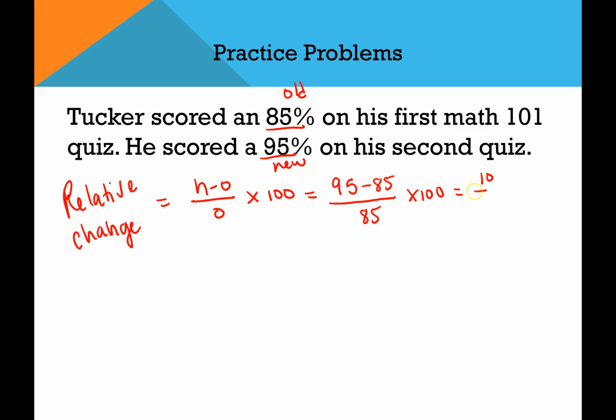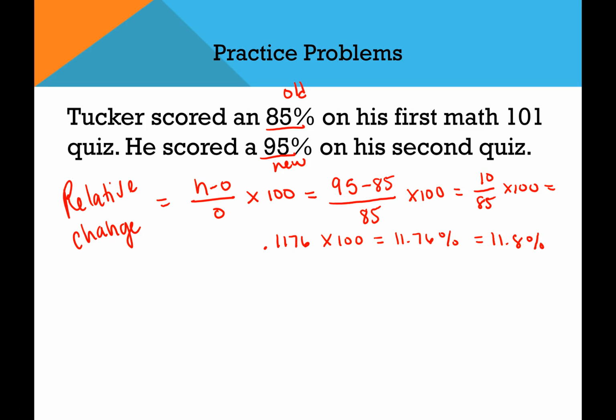Well, that gives us 10 over 85 times 100. Well, 10 divided by 85 gives me 0.1176 times 100, or just move the decimal over 2 places, and I get 11.76%, or we can just call that 11.8%.